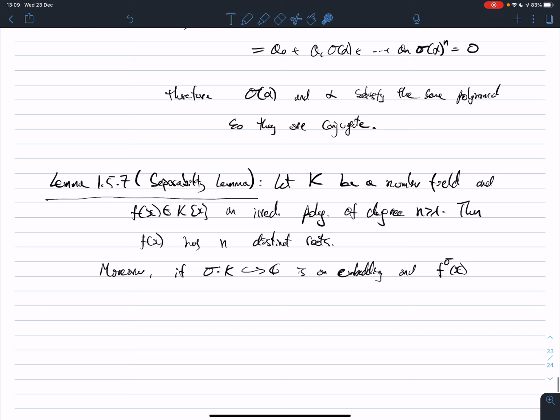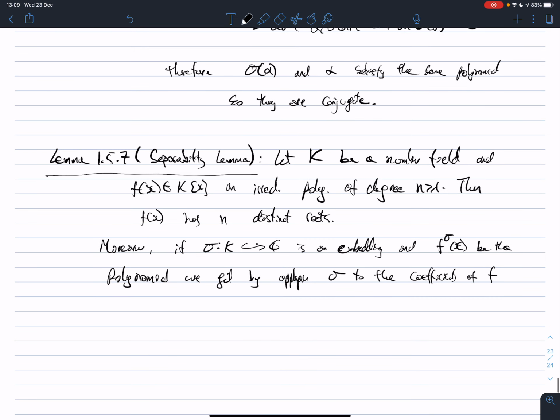But in our new one, we have a polynomial over K[x] and an embedding from K into C. If it's not the identity embedding, which it could be, then this polynomial is going to be something different. Then f sigma also has n distinct roots.